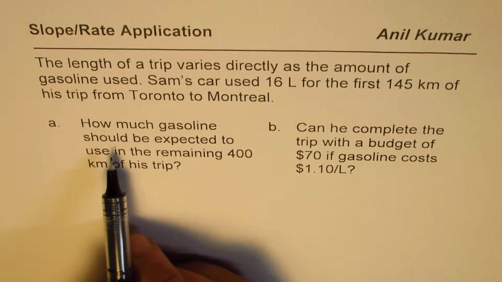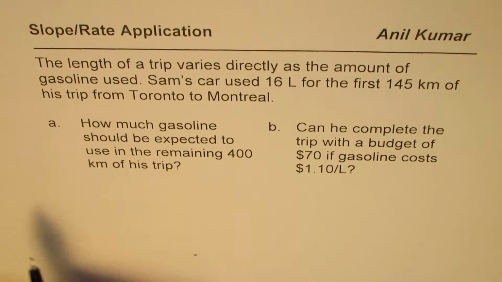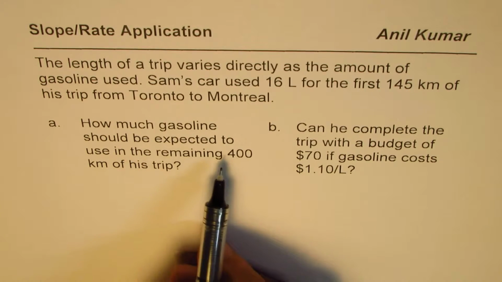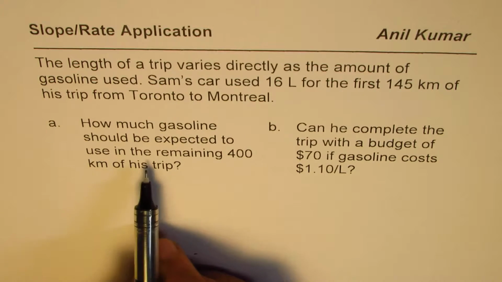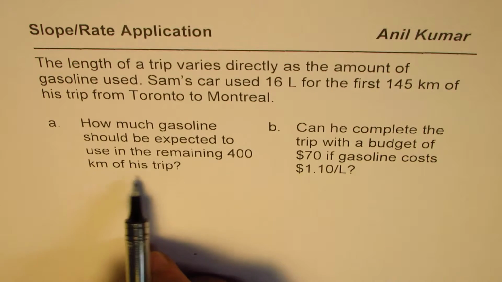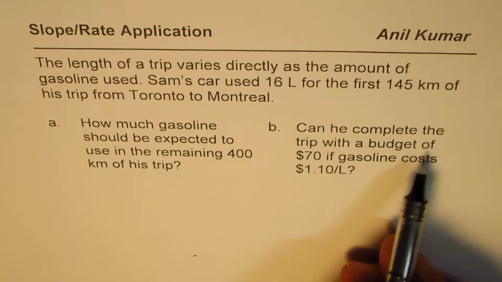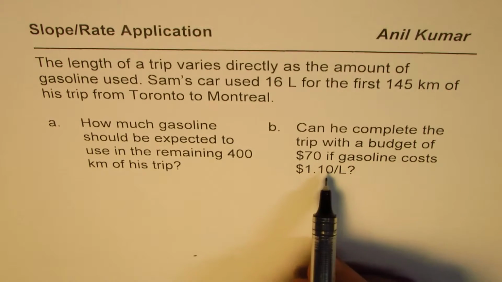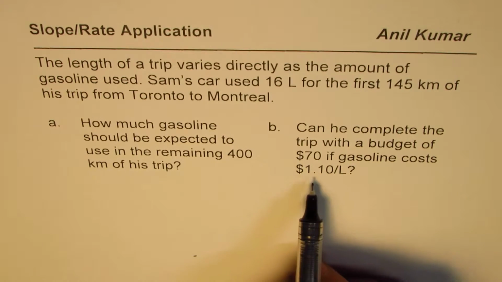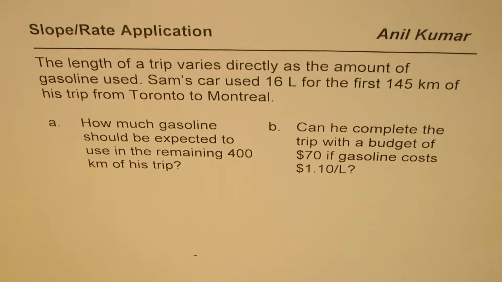Part A of the question is, how much gasoline should be expected to use in the remaining 400 kilometers of his trip? And part B is, can he complete the trip with a budget of $70 if gasoline cost is $1.10 per liter? You can pause the video, answer the question, and then look into my suggestions.